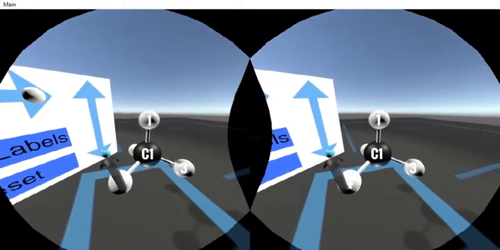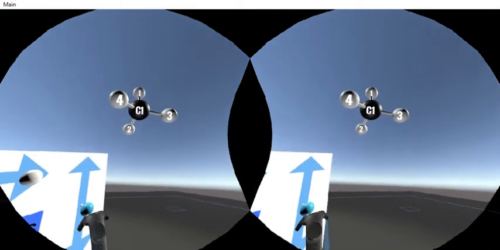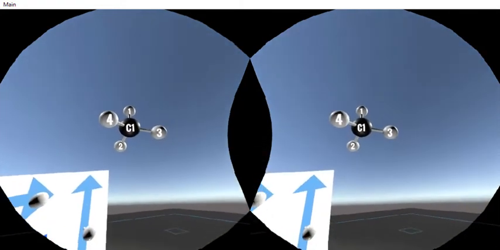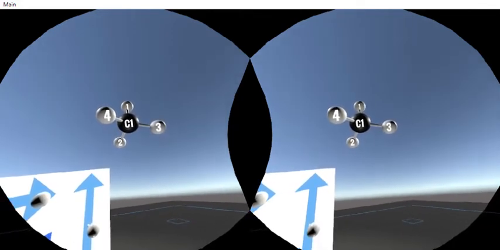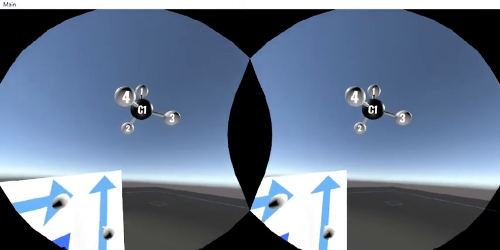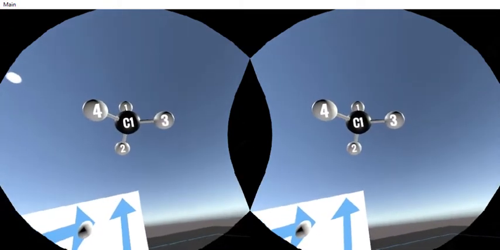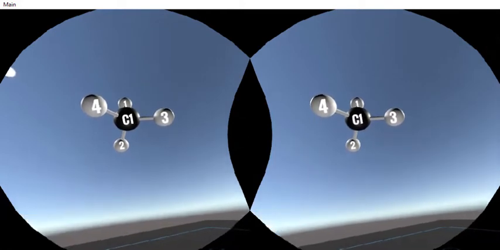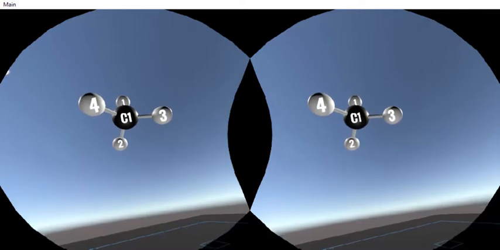Now, in order to get 1 behind us, we have to lift the molecule up into the air. And now that we've done that, 1 is behind us. So looking at 4, 3, and 2, if we were going to go in a clockwise direction, it would go 2 to 4 to 3, or 4 to 3 to 2, or 3 to 2 to 4.